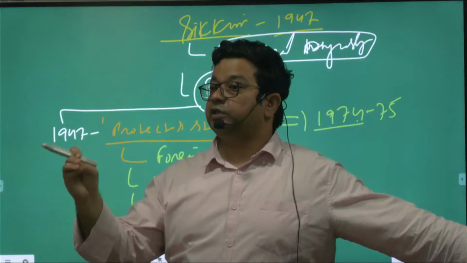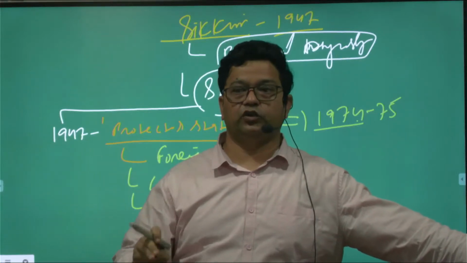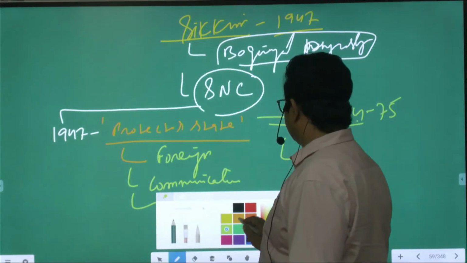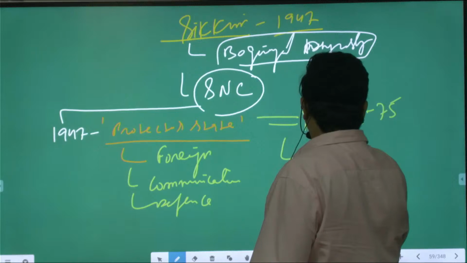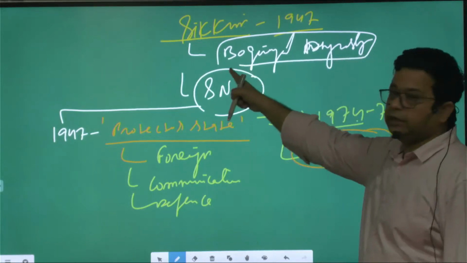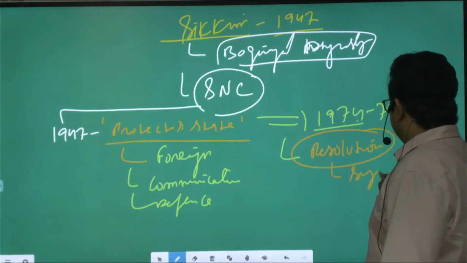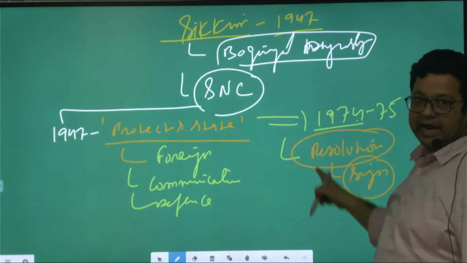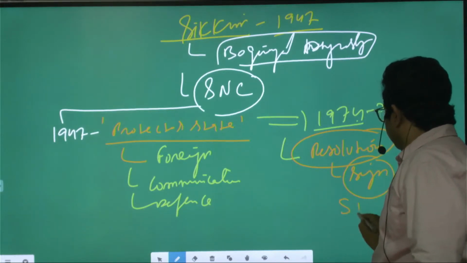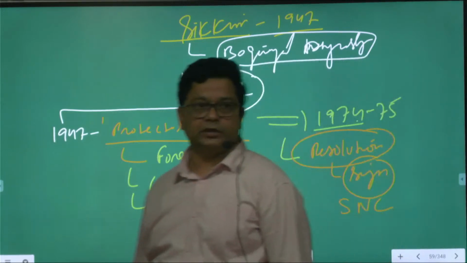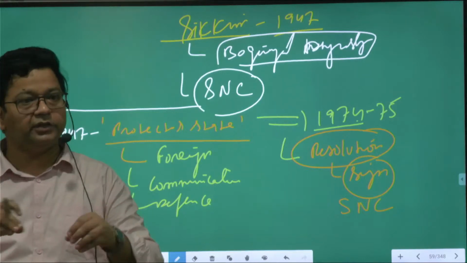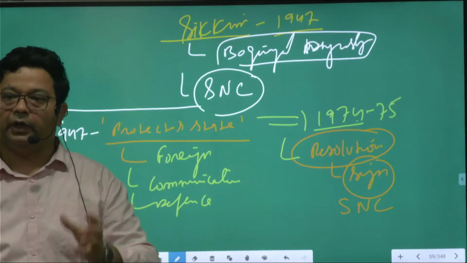When the Sikkim National Congress again passed a resolution, right? They again passed another resolution and forced the king to sign it. And when the king signed this resolution, all the power was transferred to the Sikkim National Congress, meaning the assembly. So all the power went to the assembly.